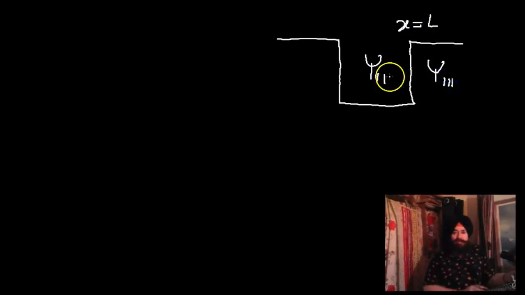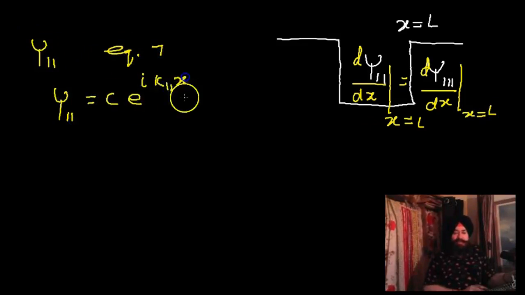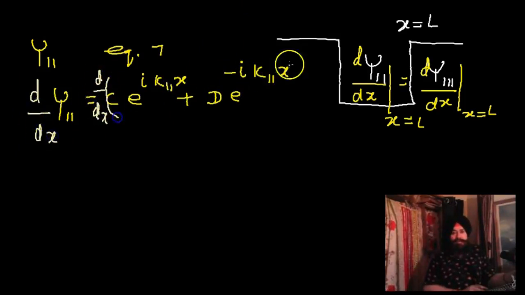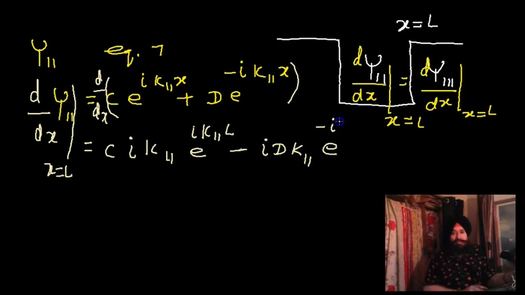Now the derivative is also equal at x equals L. Psi 2 was equation 7, and taking the derivative, very simple. So substituting x equals L here in the equation.